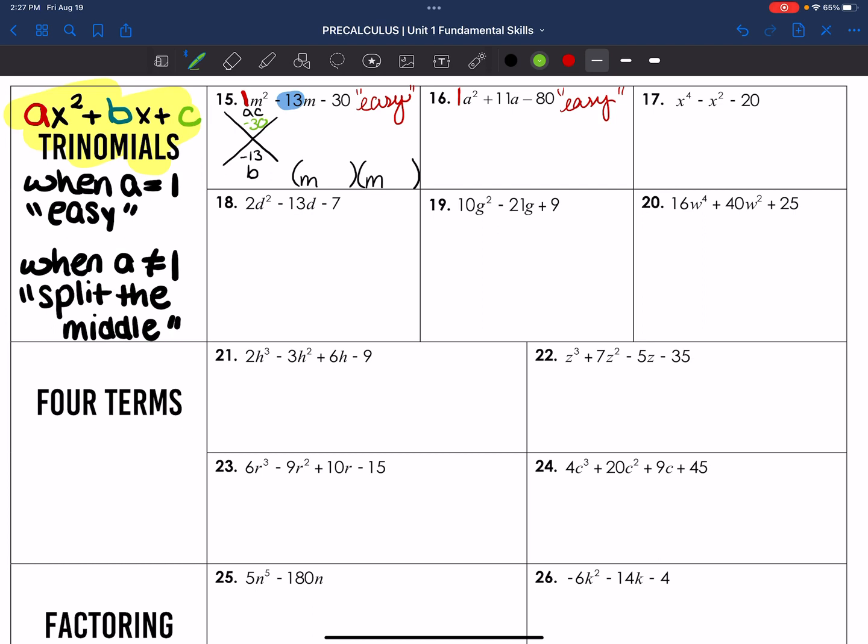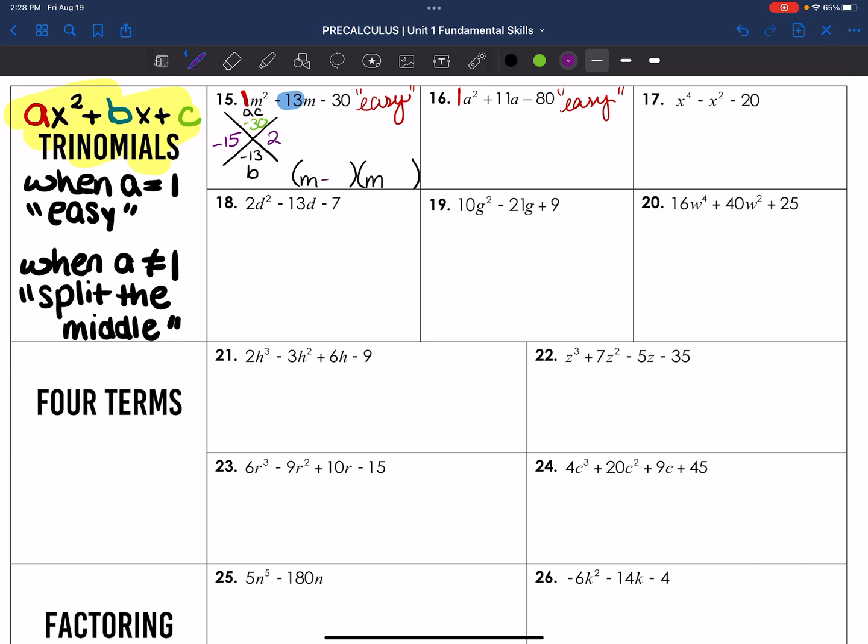So ladies and gentlemen, what multiplies to give you a negative 30, but adds to give you negative 13? What two numbers will work there? All right. Well, those two numbers are negative 15 and a positive 2. If at first you thought 3 and 10, unfortunately that will not work because you could never multiply them and get a negative and also add and get a negative.